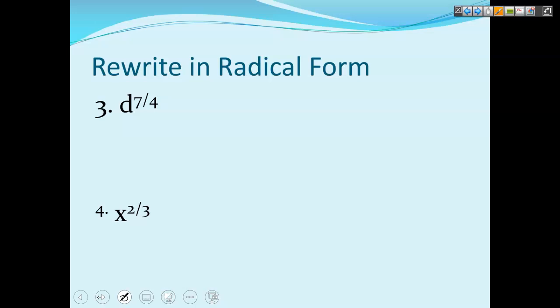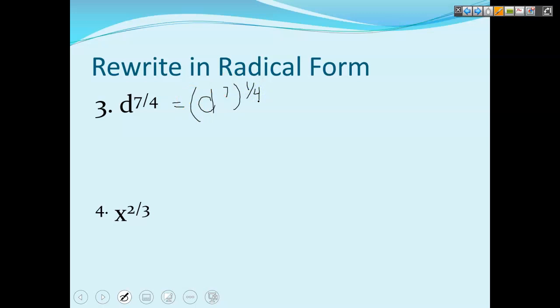What happens if that exponent doesn't have a power of 1? So think back to your rule for a power to a power. A power to a power says we multiply. So this is the same as saying d to the 7th to the 1/4.